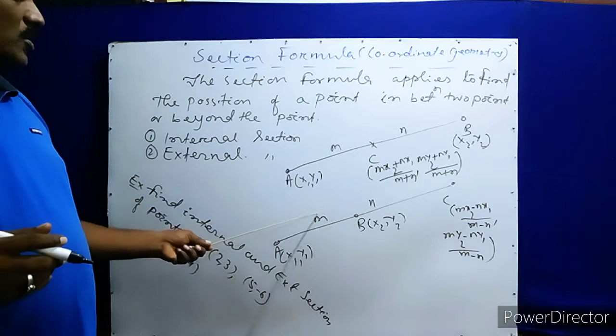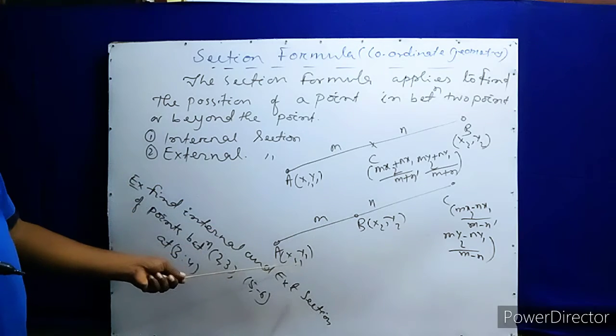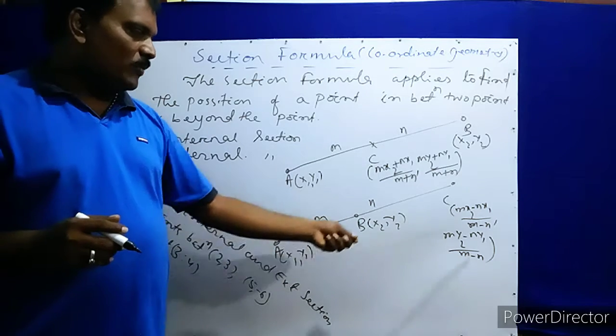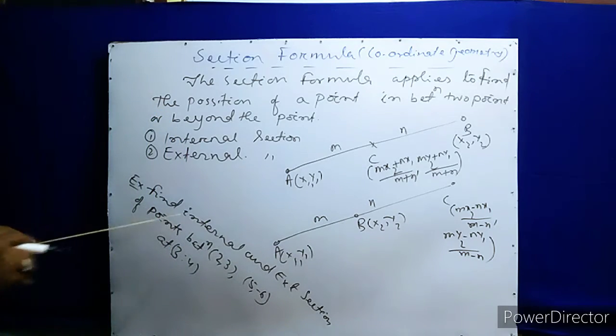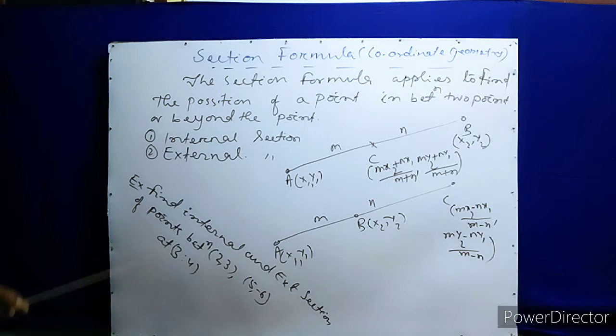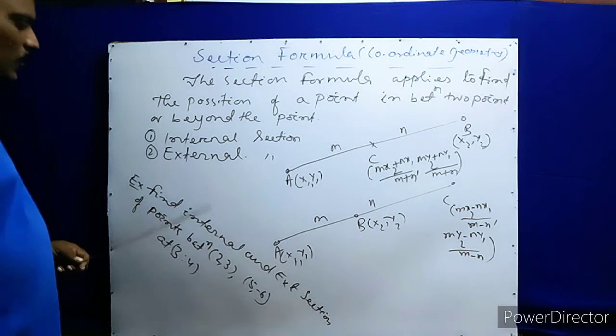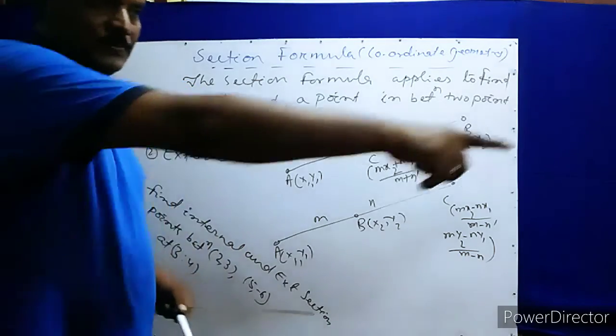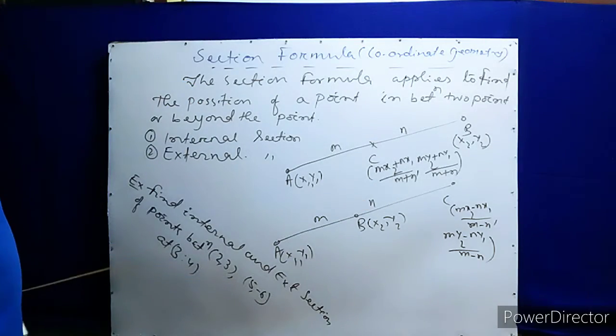And for y also, (m y2 minus n y1) by (m minus n). These are the points of external section. So here is one example. Find the internal and the external section point between (2, 3) and (5, minus 6) at the ratio 3 is to 4.